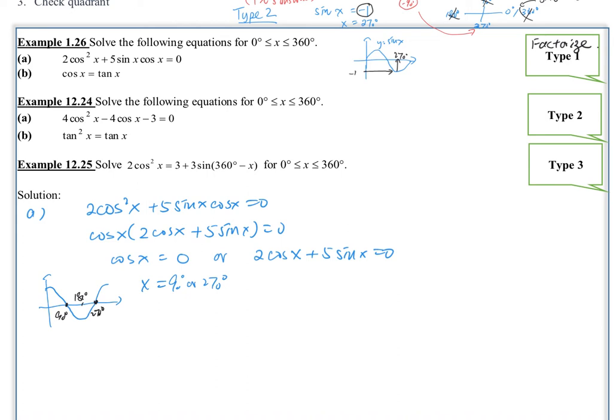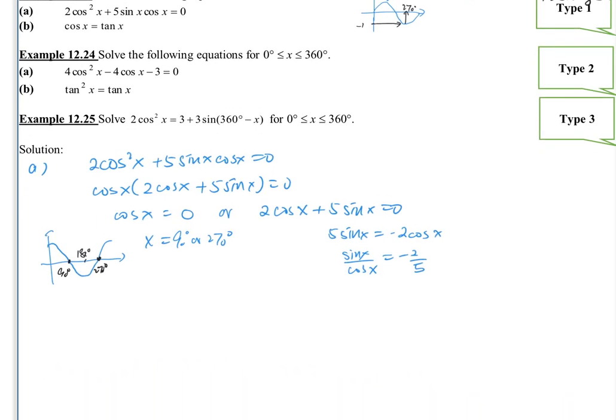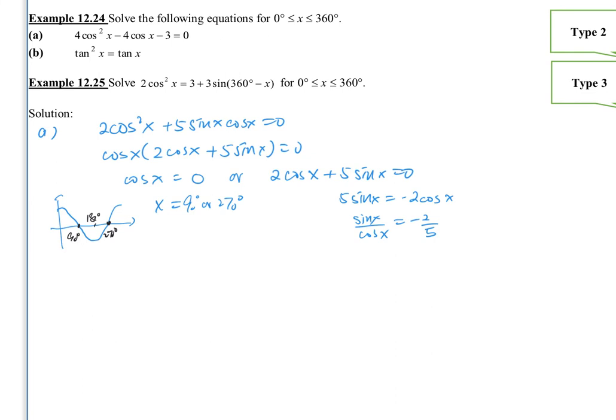After that, let's solve for the second part. So 5 sine x equals negative 2 cosine x. Remember that sine over cosine equals tangent. So we divide cosine x on both sides, and also by 5.